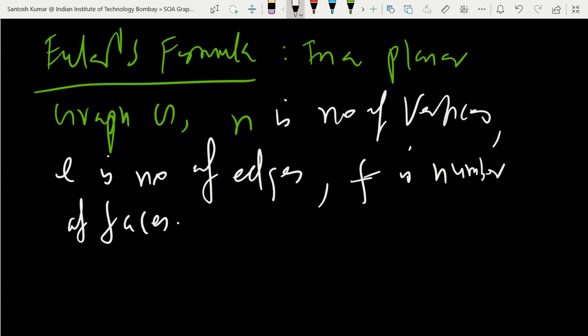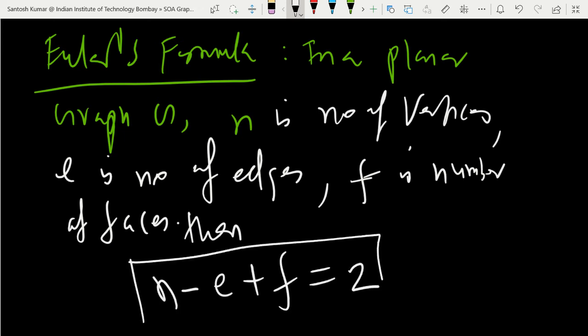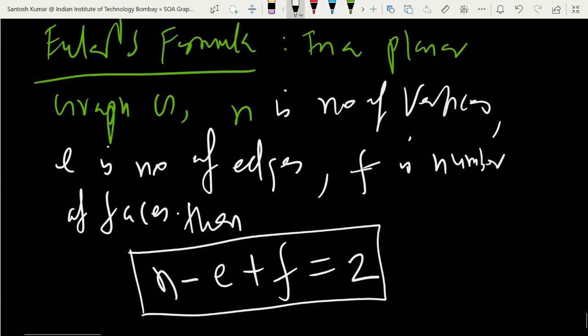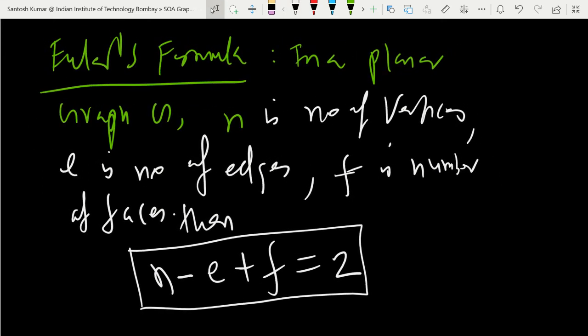Then you know already n minus e plus f will always give you 2. So n minus e plus f for any planar graph, you take any planar graph, and f is the faces in planar representation.